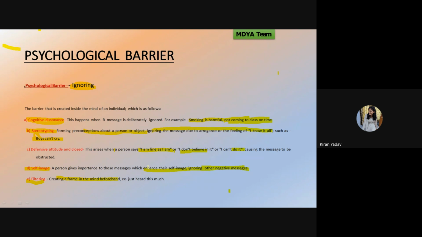He receives all positive feedback about an employee, but only one negative comment from a co-worker. Then the manager only focuses on that one negative comment and ignores all the positive things about the employee's performance. He filters out all the positive feedback and becomes fixated on that one negative comment. So this is filtering.